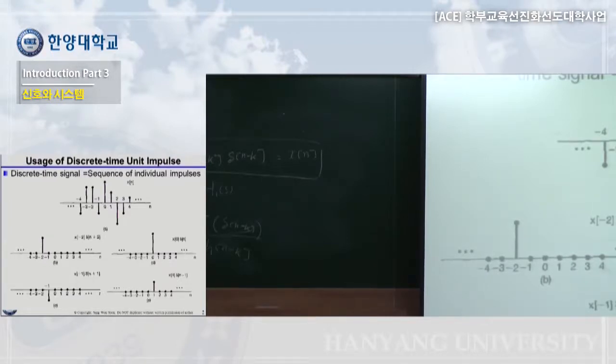What this shows is that if you multiply the original signal with a delta function, we can get a value at each point. If you pass that input to the system, once again, assume that this is your system. By applying the delta function as an input, we can pick up the value at each point of the system. So by applying the delta function, the output will be the same as the system, right?